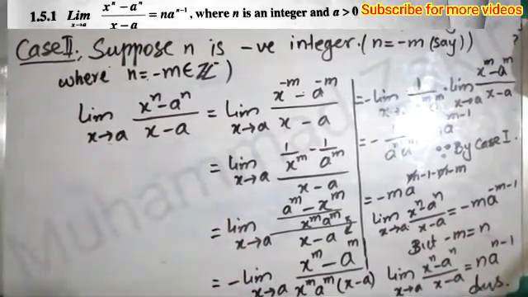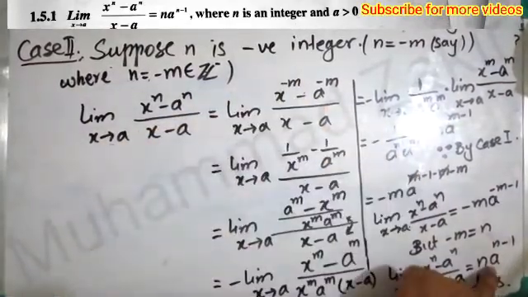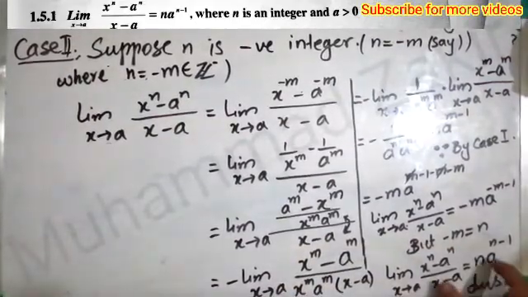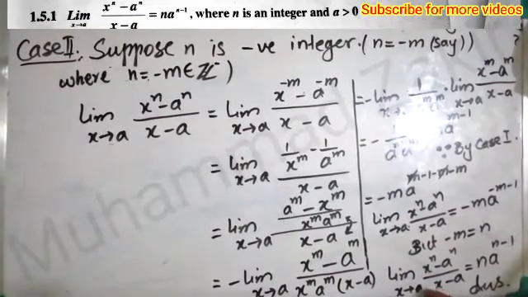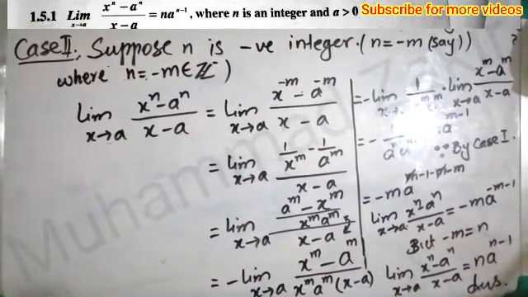For the negative and positive values, the answer is n aⁿ⁻¹. This limit is equal to this. For n equal to 0, both of them are equal. If this is evaluated separately and this separately, both give 0, left hand side and right hand side equal for 0 also.